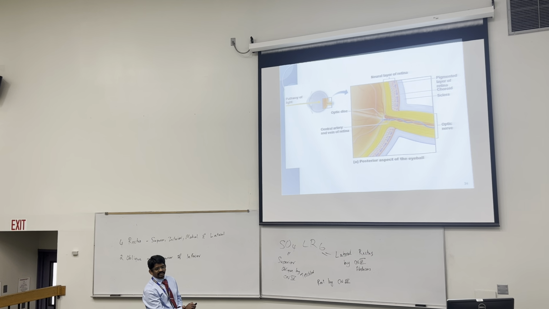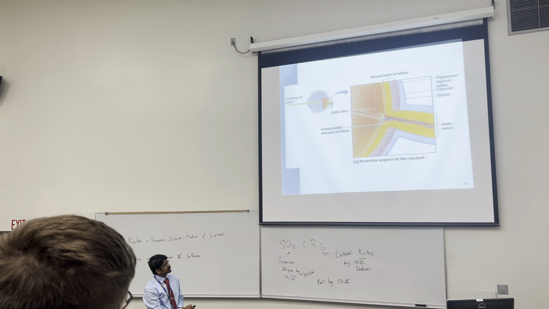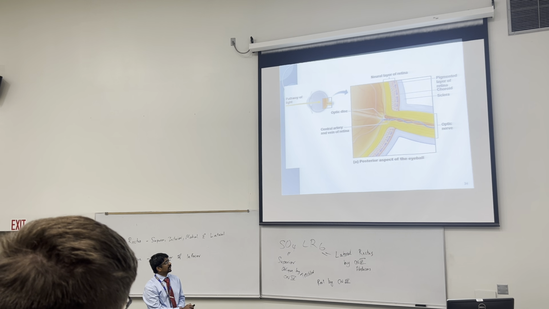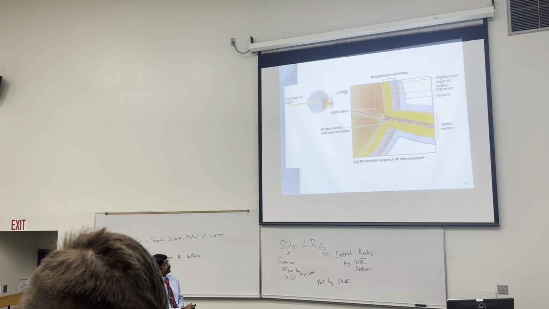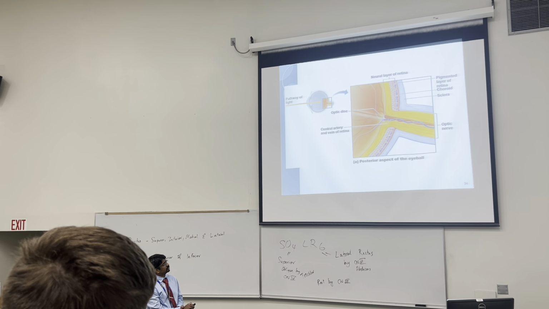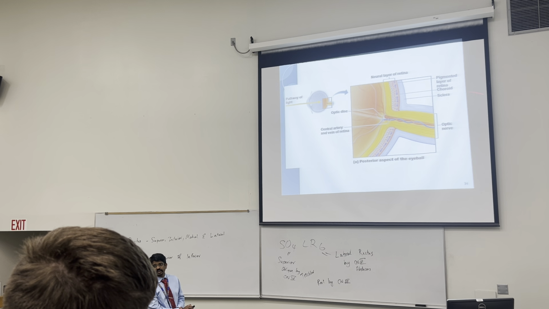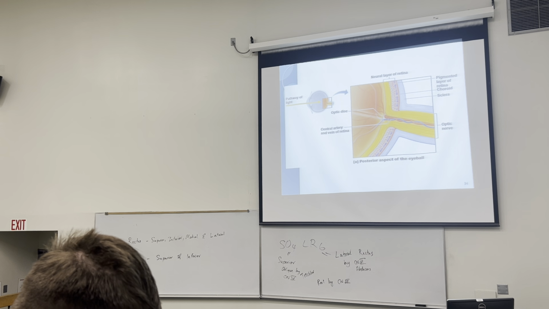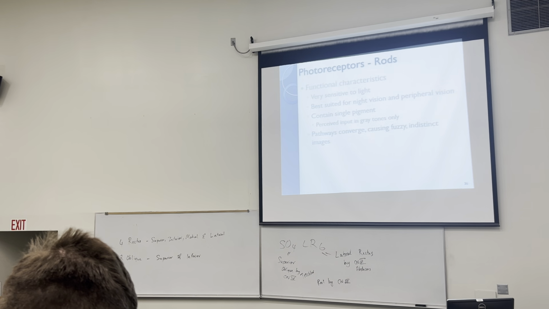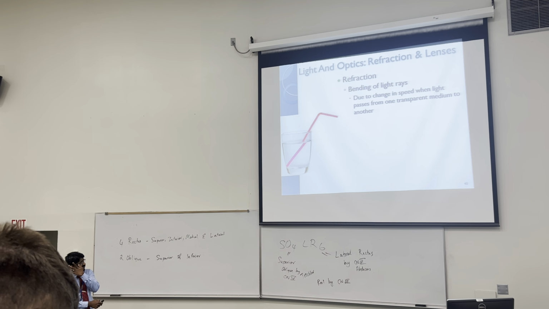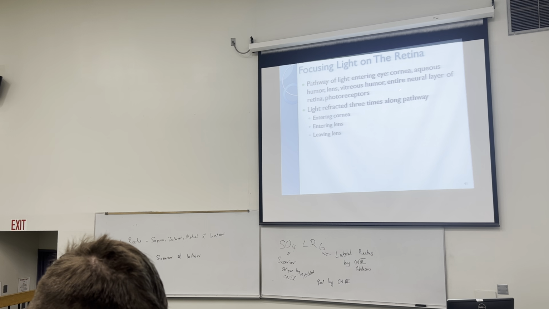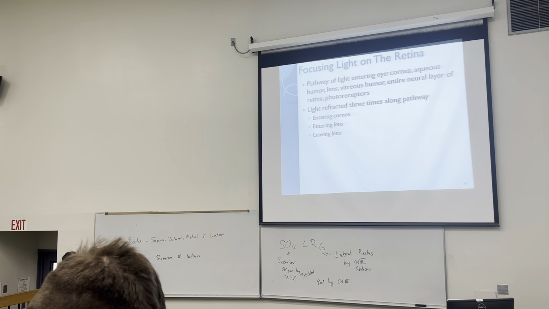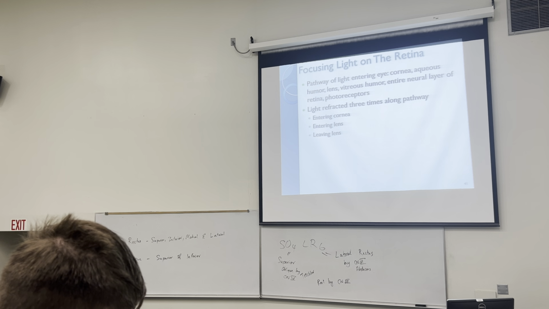Light is going to pass through the entire layer and hit the outside of the photoreceptors. Then information goes from them to the bipolar cells, to the ganglion cells, and then through the optic nerve. That's what this is talking about: the entire neural layer of the retina before it hits the photoreceptors.